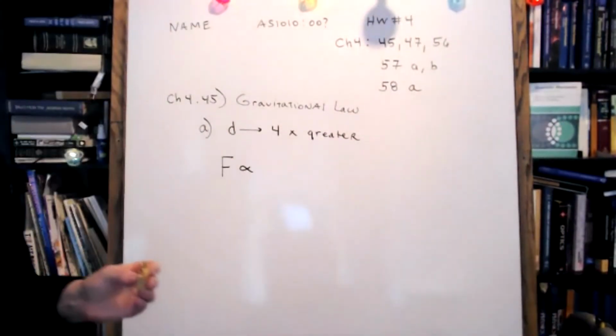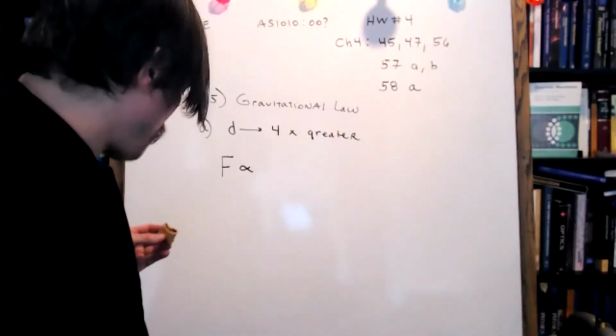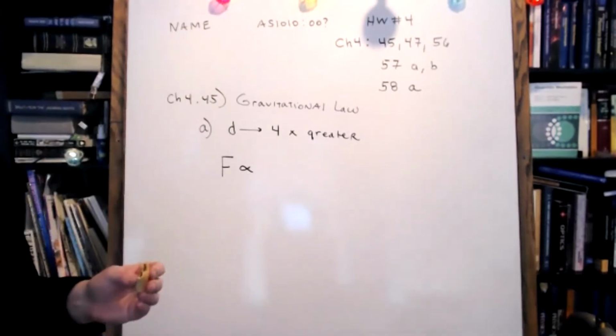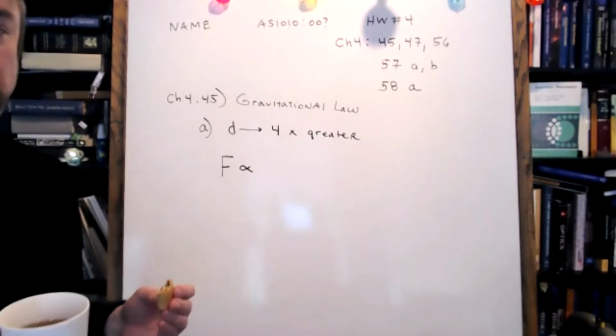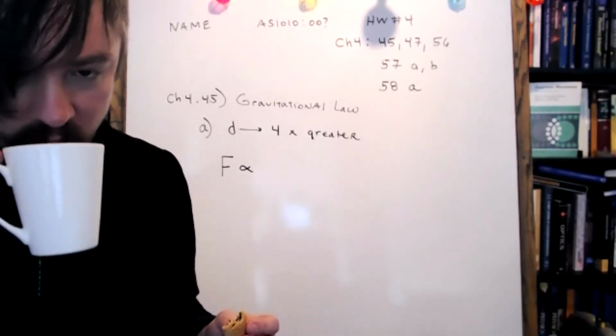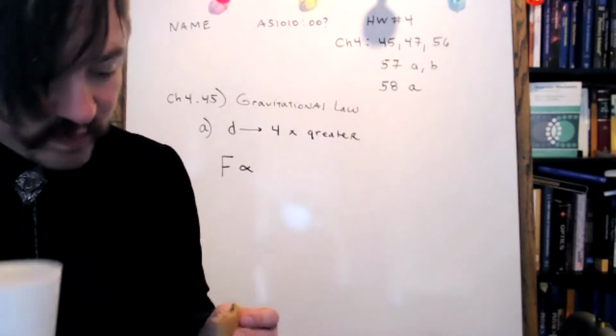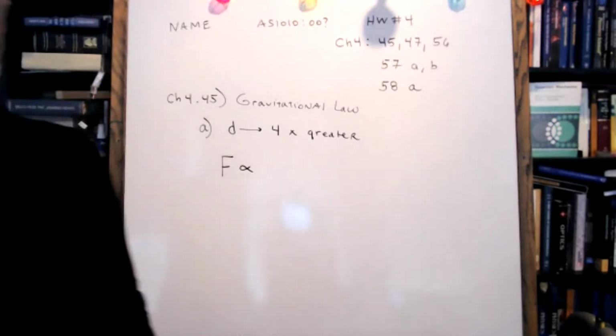Okay, so we would be doing the first thing we looked at. So that would be force of gravity is proportional to m1 times m2 over d squared.